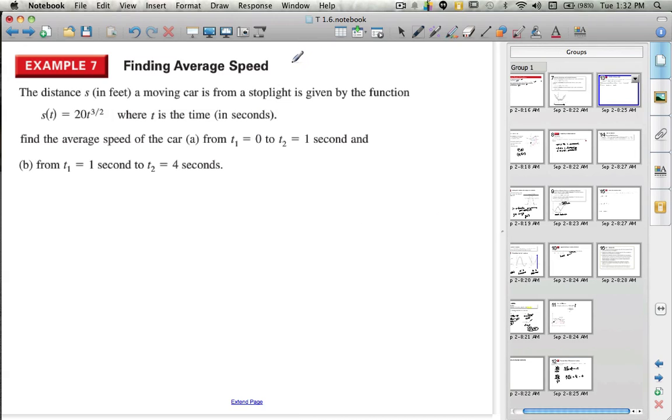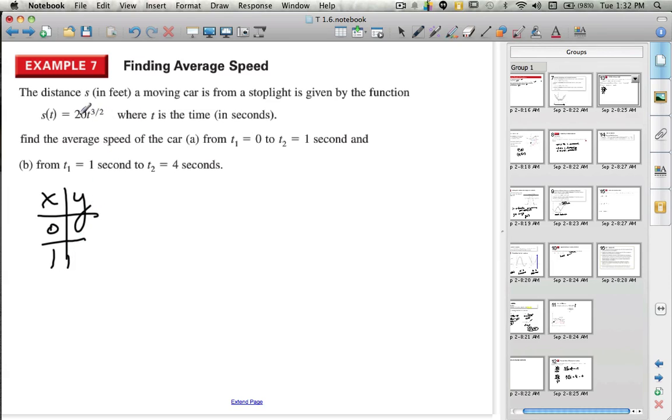We're talking about using the same idea to calculate average speed. We want to know the average speed if I'm going from 0, right, moving away from a stoplight, from 0 to 1 second. What's the rate of change? Well, let's plug these two values in. I'm going to use 0 and 1.